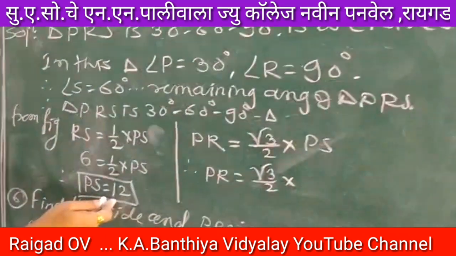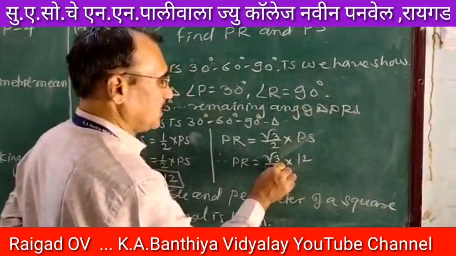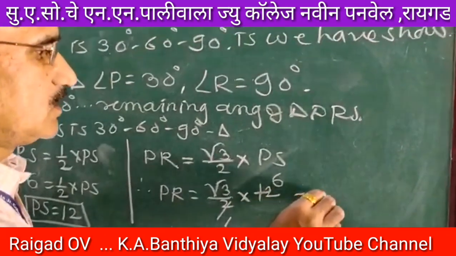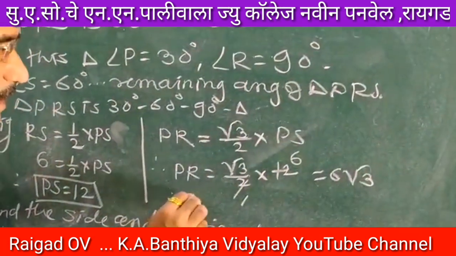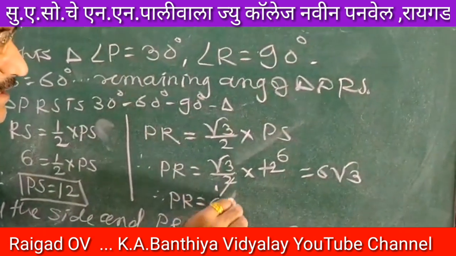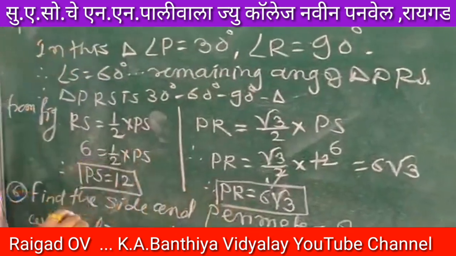PS is known here. PS is equal to 12. I can substitute this value here. And now here 2 ones are 2, 2 sixes are 12, which is equal to 6 under √3, and therefore PR is equal to 6√3, the required final answer.